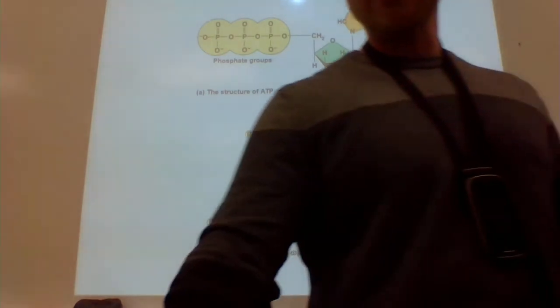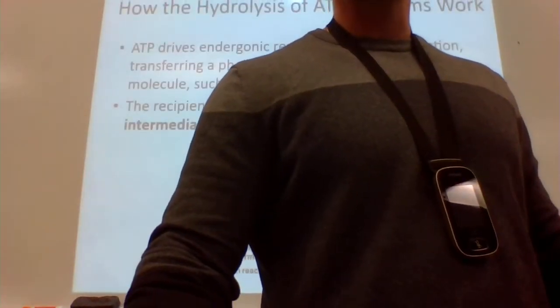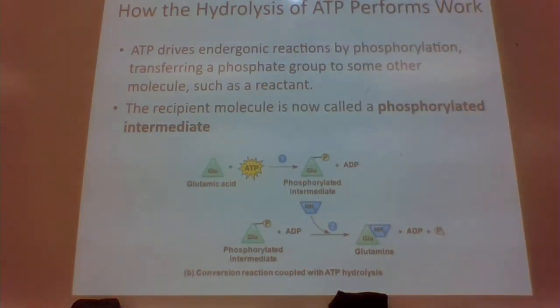And we talked about this with cell communication. If you recall, when we learned about transduction, we talked about a phosphorylation cascade, right? Where each protein kinase gets activated through phosphorylation. Do we all remember that?